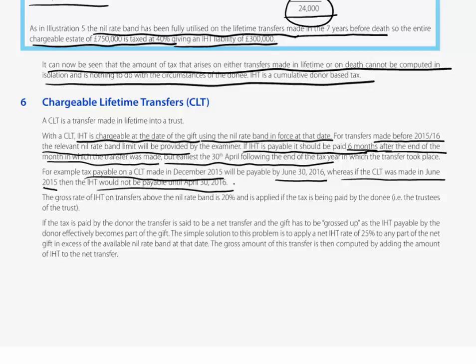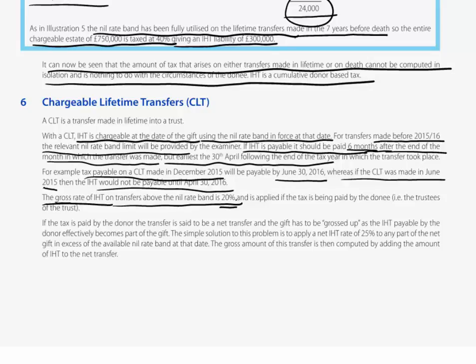Now, we said we're going to use a lifetime rate. Now, the gross rate, notice I use here the term gross rate of IHT on transfers above the nil rate band, is 20%. So again, as we've been seeing with PETs, you firstly apply the nil rate band, and only if the value of that chargeable transfer for the CLT exceeds the then available nil rate band is there then a tax charge on the remainder.